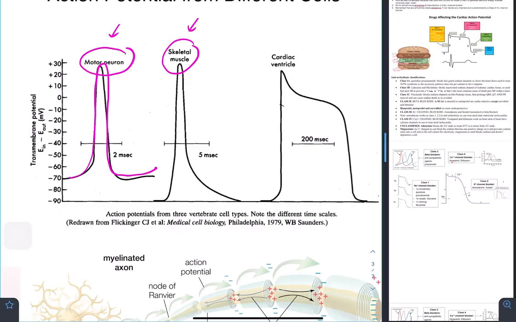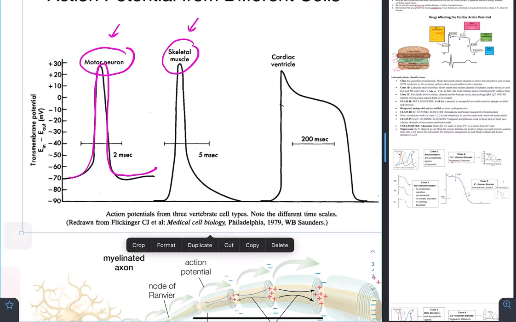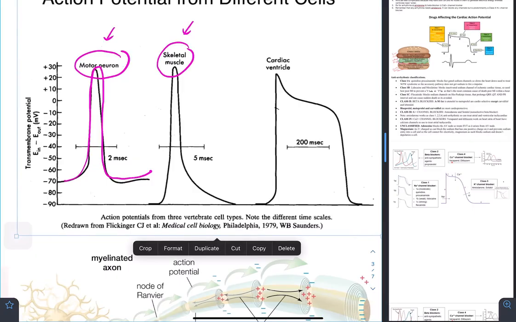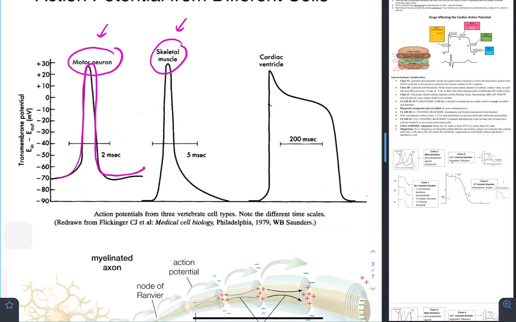However, the cardiac muscle action potential is much different. They are much wider, and as you can see in this diagram, it takes a longer time. They have 200 milliseconds. That's how long the action potential would last for each cardiac muscle, specifically in the ventricular region, because that's where most of the heart muscles are located.